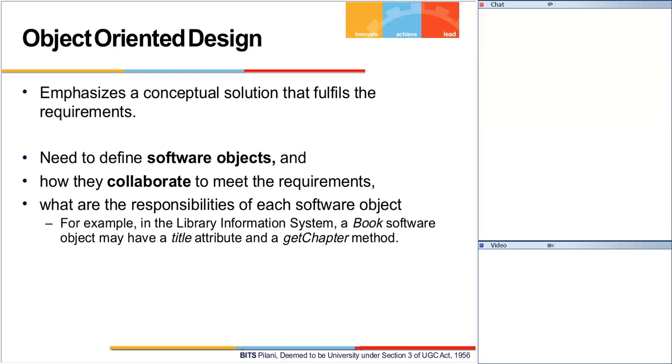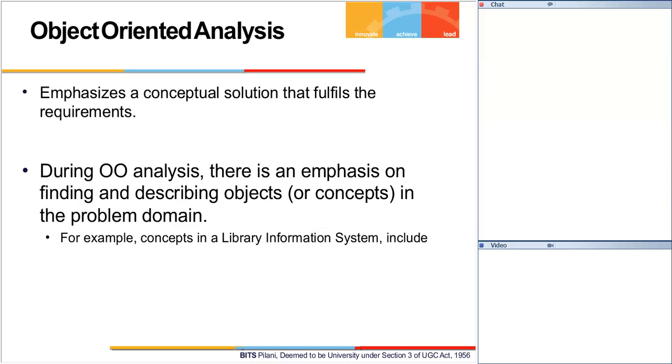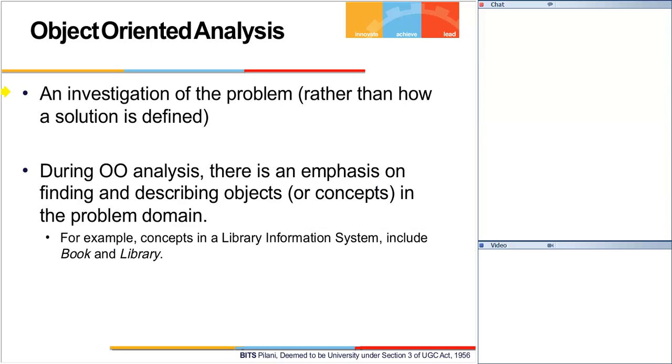So for example, in a library management system, if I go back, when I'm doing the analysis, the only domain objects that are there is a book and a library, right? The most common ones, right? So given the case study, there might be more, but if I just tell you there's a library information system, the two domain objects that straight away come into your mind is that there are books.